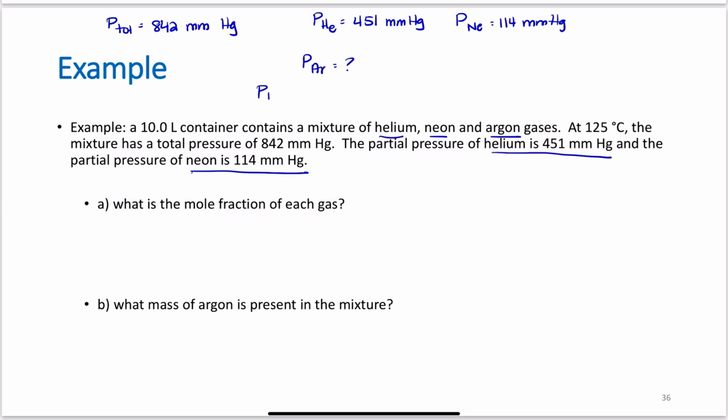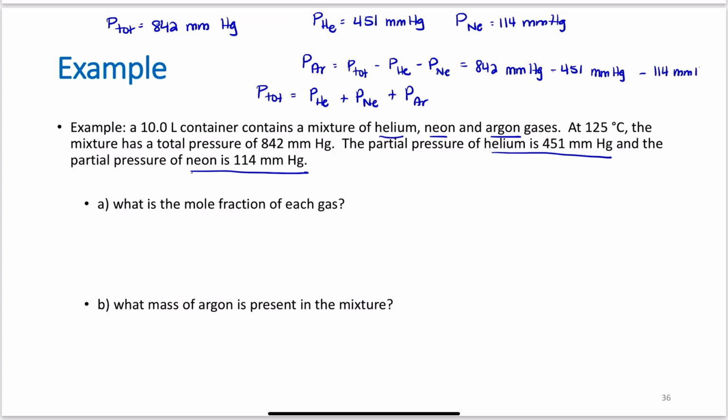Because I know that the total pressure is equal to the pressure of helium plus the pressure of neon plus the pressure of argon. So the pressure of argon must be equal to P total minus the pressure of helium minus the pressure of neon: 842 millimeters of mercury minus 451 millimeters of mercury minus 114 millimeters of mercury.